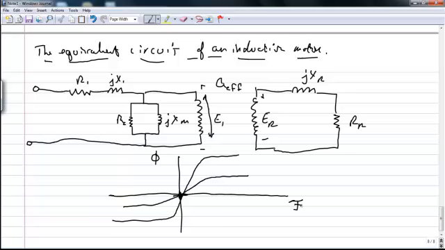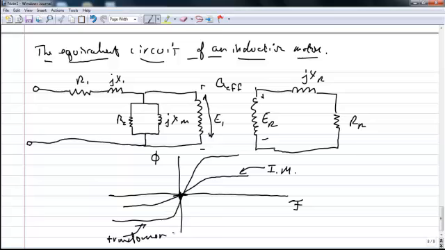So we see that the slope of the induction motor is shallower. This one is the induction motor, and this one would be the transformer.